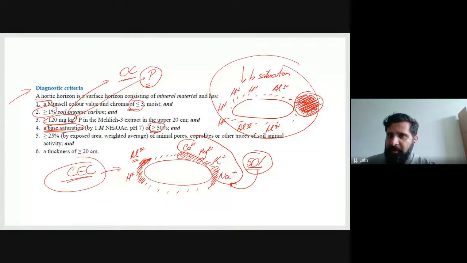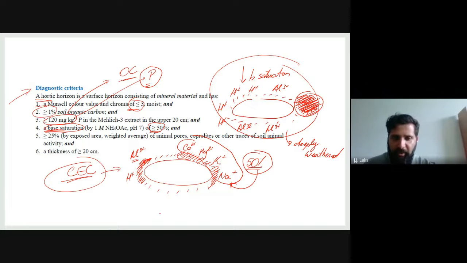And probably this means that this soil is deeply weathered and not influenced by man, not changed by man.